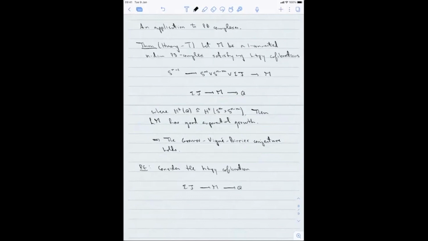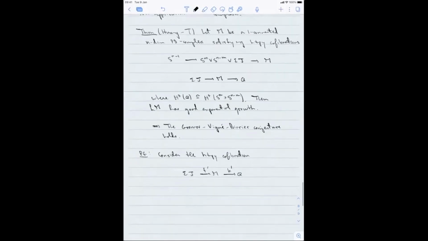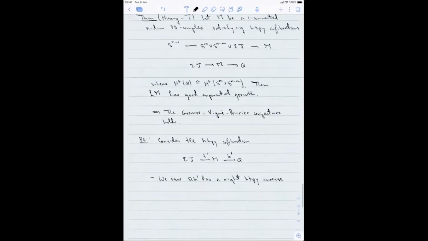And label the maps F prime and H prime. We saw that the loops on H prime has a right homotopy inverse, which says that F prime is inert.